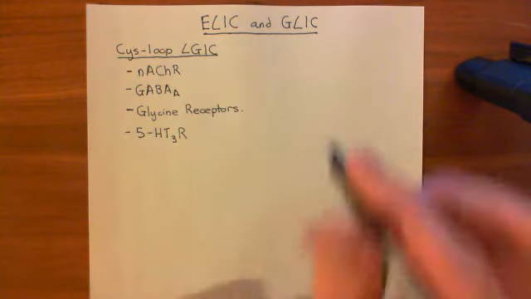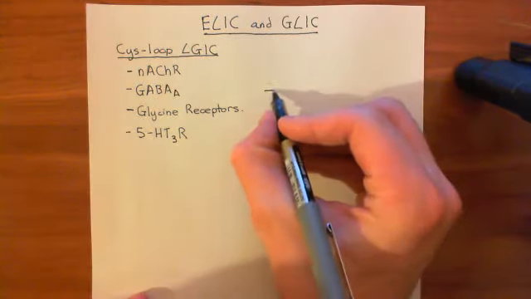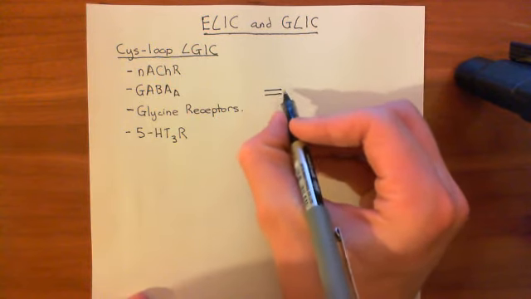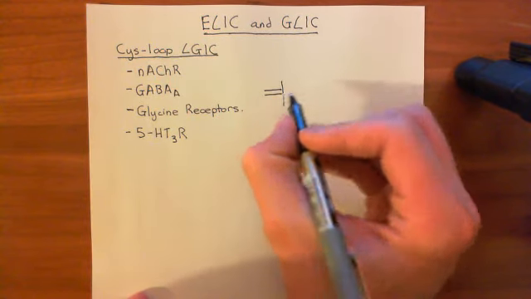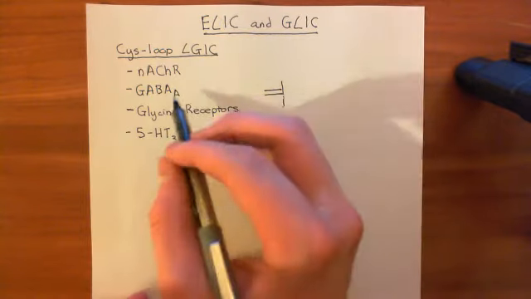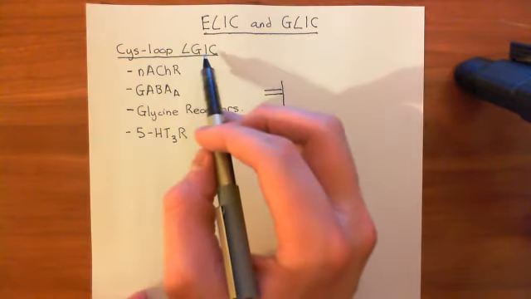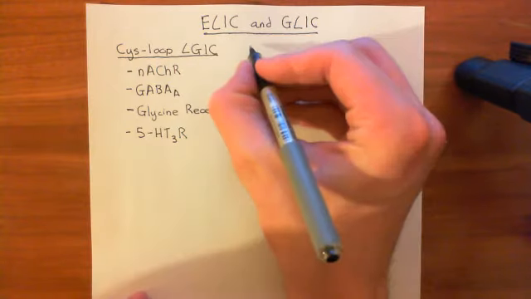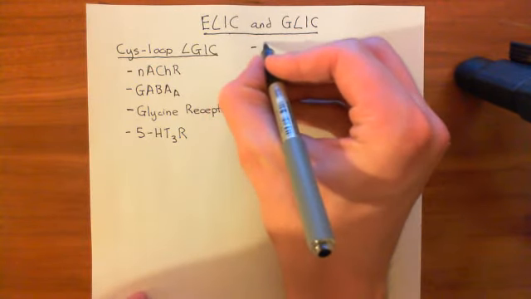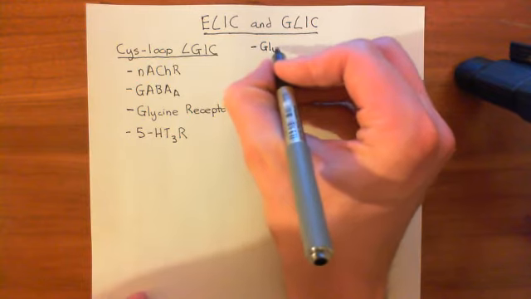Okay, right, so let's have a look at the structure of these types of receptors, because that's what we characterize them by, why they're all grouped together. And if you want some examples of ligand-gated ion channels that aren't cis-loop ligand-gated ion channels, some non-examples, then the glutamate receptors will be non-examples.